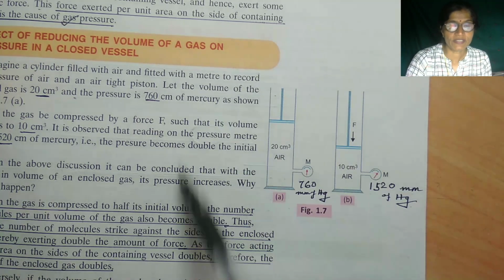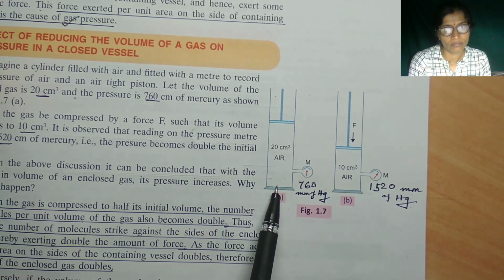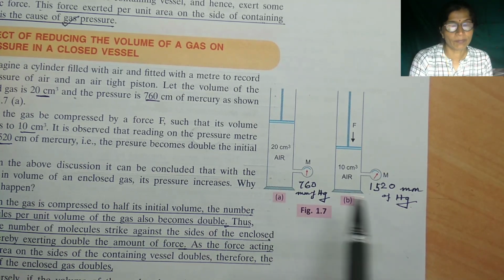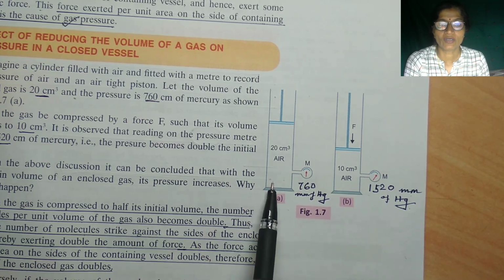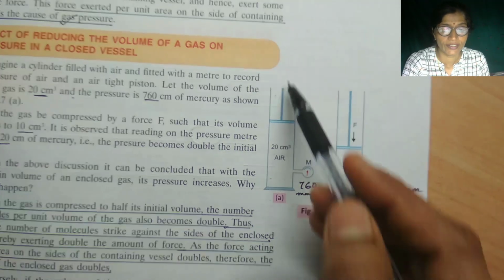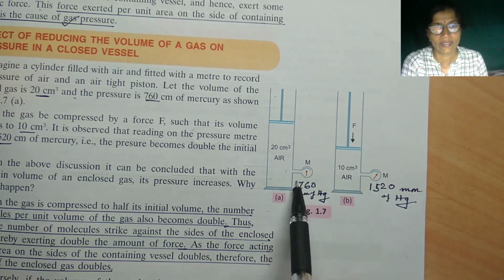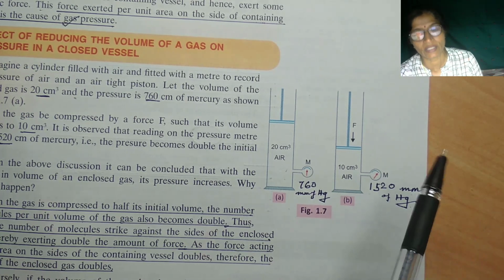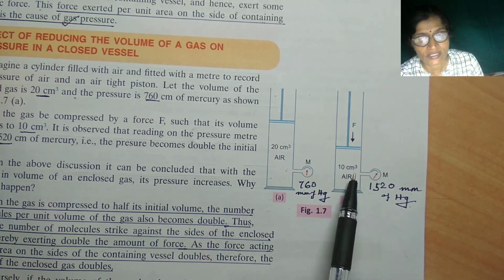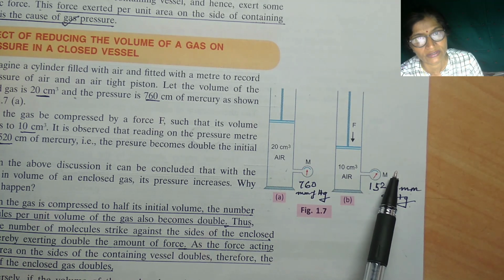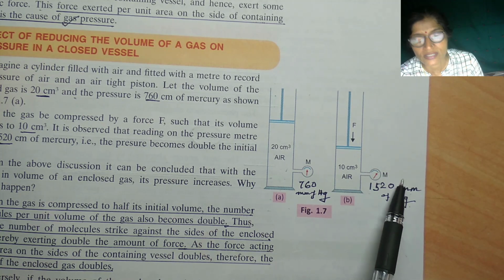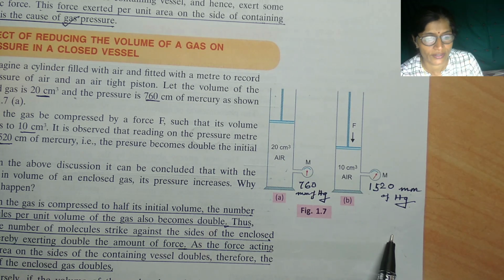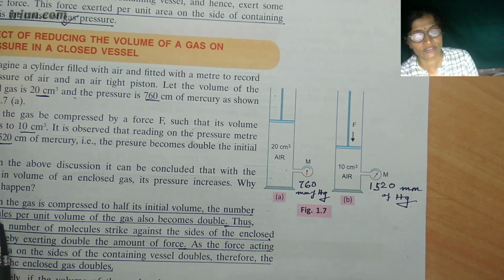So it means when I reduce the volume, the pressure increases. Why? Because when I reduce the volume, the number of particles that strike the wall of the containing vessel per unit area increases, and that is why the pressure increases. So now see what is written in your book.